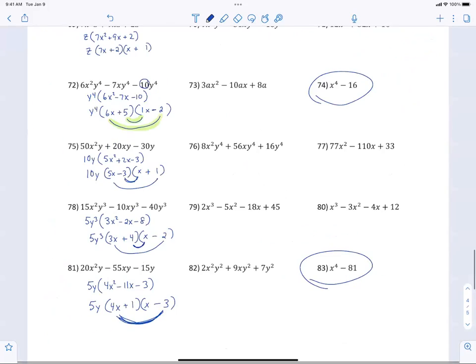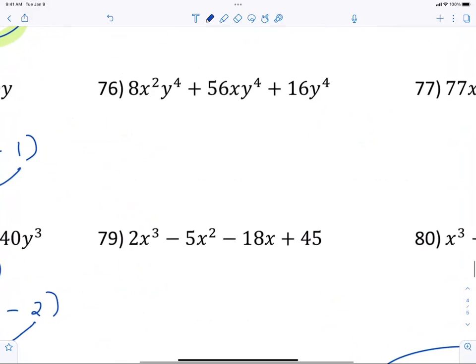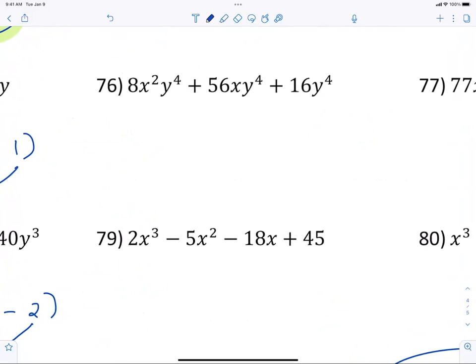76. Yes, there's a common 8y to the 4th. So when I pull out 8y to the 4th, I end up with x squared plus 7x plus 2. Now, can x squared plus 7x plus 2 factor anymore?